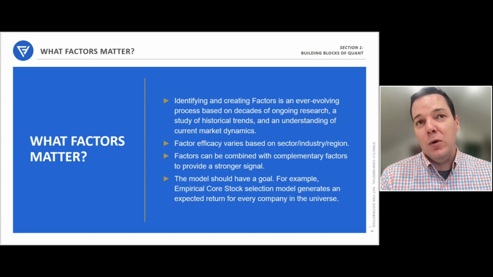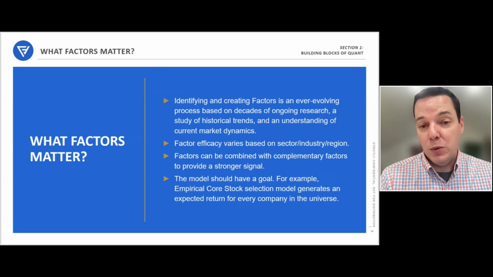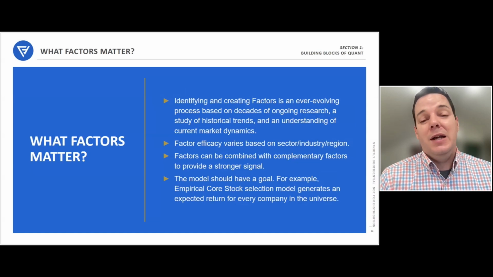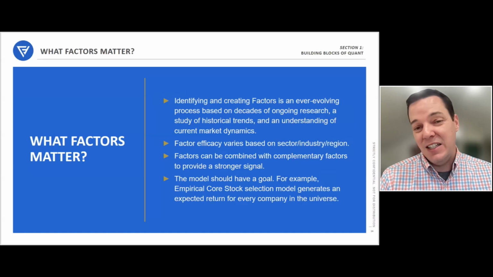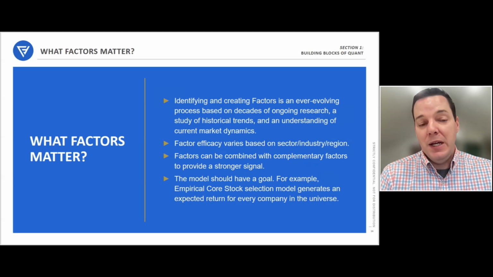And you need to be careful when you're looking at some of these signals to make sure that you're not double counting, right? So if we combine two valuation metrics, that might look better than using one of those individual valuation metrics on its own. But how correlated are those results? You're really just looking at two sides of the same coin. And then ultimately, the objective of the modeling framework should be identifying an alpha signal.